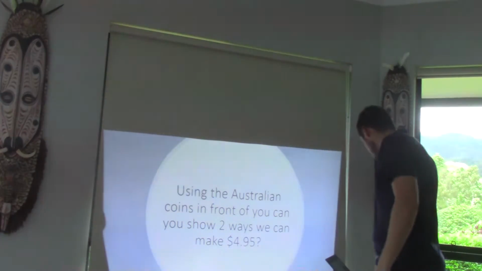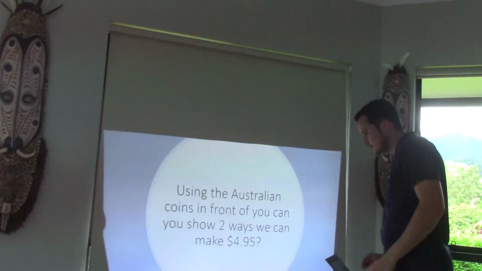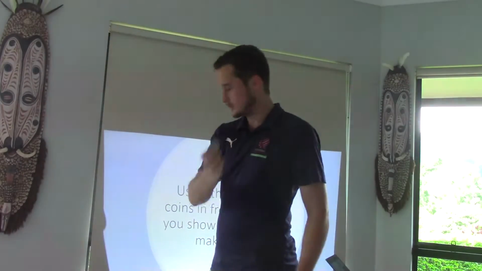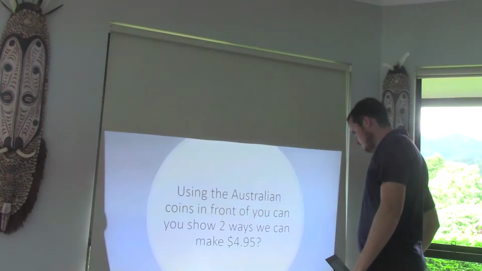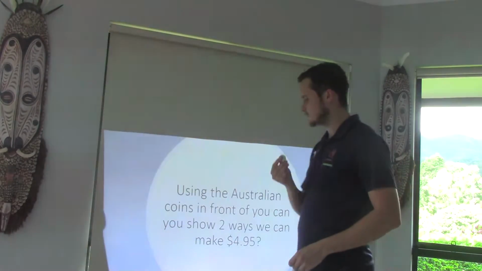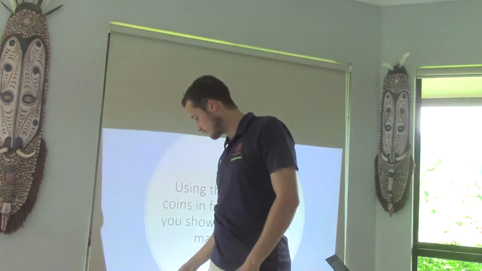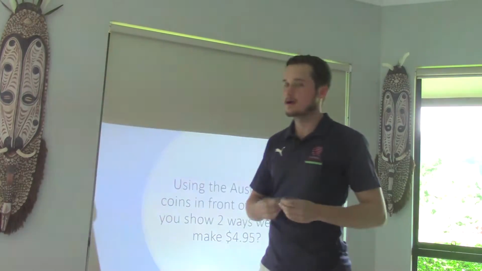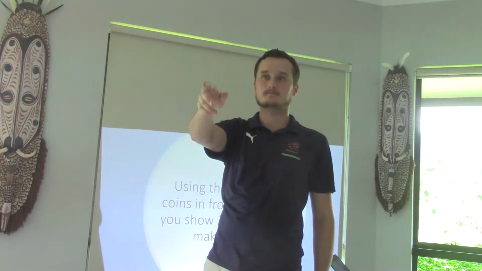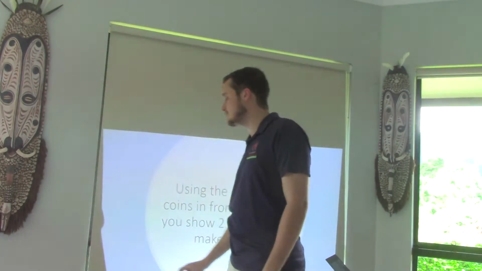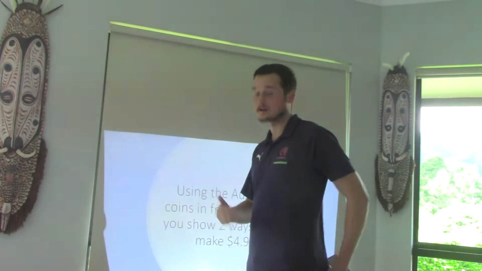Now 95 cents, I'll take a 50-cent coin. Now I've got $4.50, sorry. 20-cent coin, I've got, hands up, yep, $4.70. Another 20-cent coin, I've got, hands up, yep, $4.90. Now, if you're struggling with that, we can count in tens.